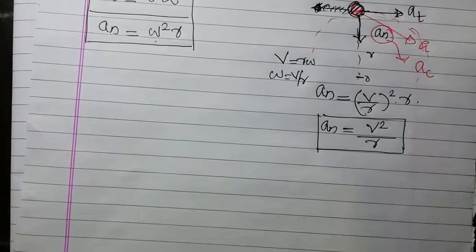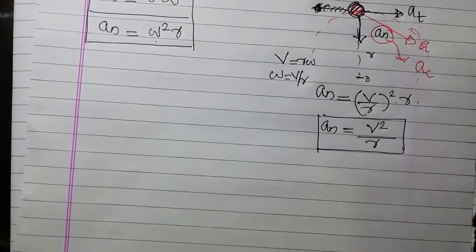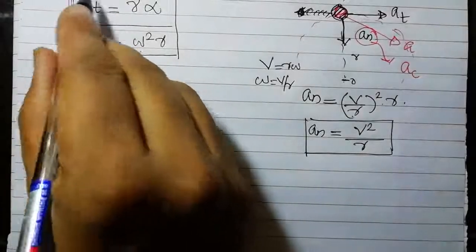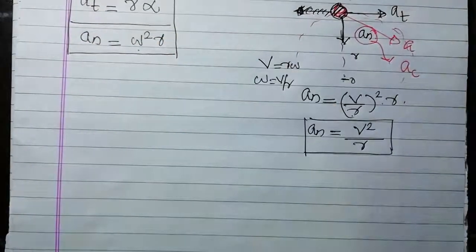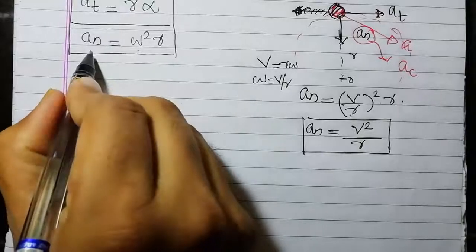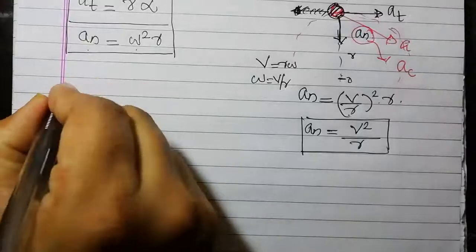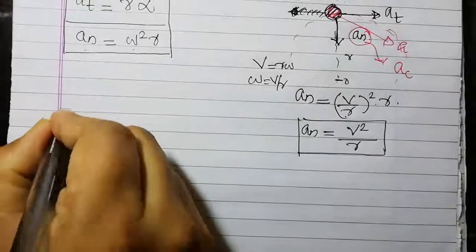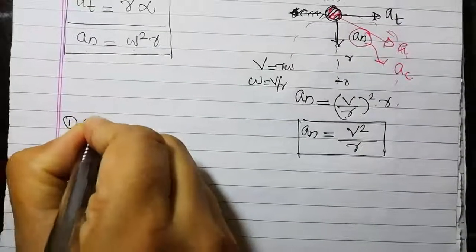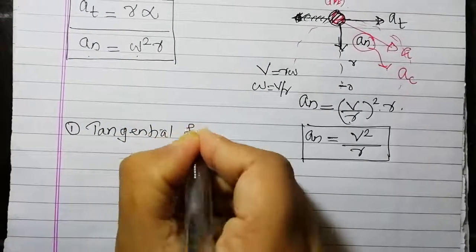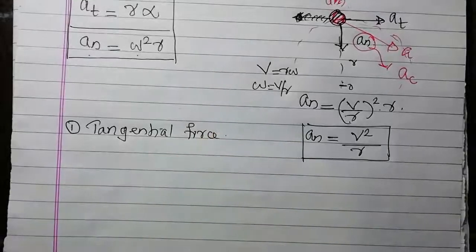Now we know that if there is an acceleration, there will automatically be some forces also generated. Because of this tangential acceleration, there will be some tangential force, and because of this normal acceleration, there will be some normal force. First, I am considering the tangential force acting on the element.